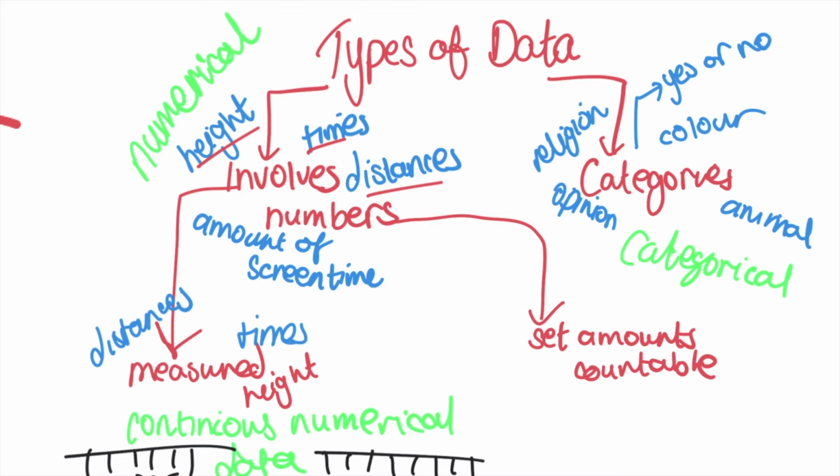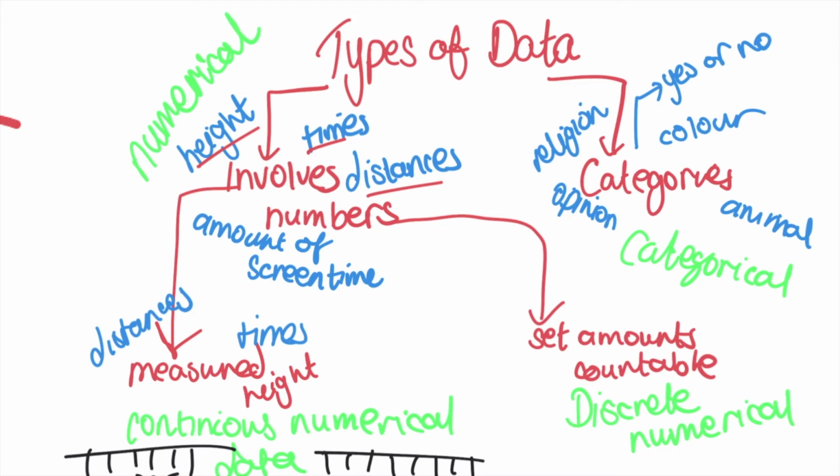That's something you can count. You can't say, oh, I have 5.45 screens. That's not a legit thing. It is not real. So we call this data discrete numerical data. It's data that's in set amounts or countable. You won't get halves or decimal points there.